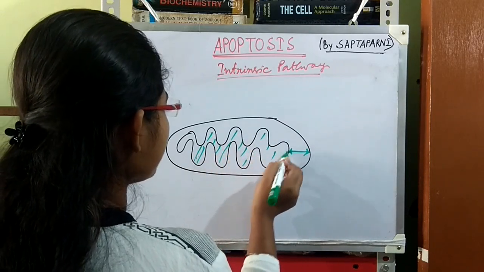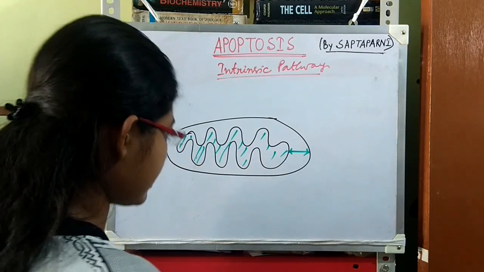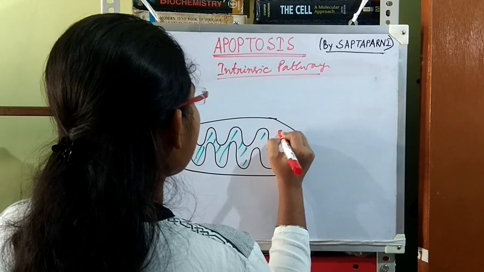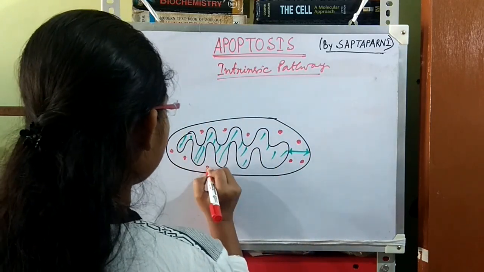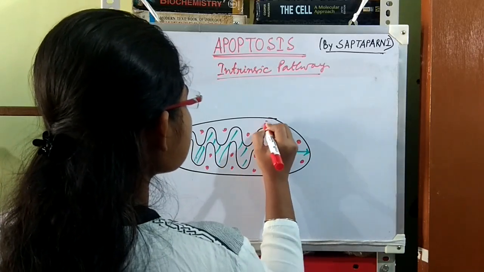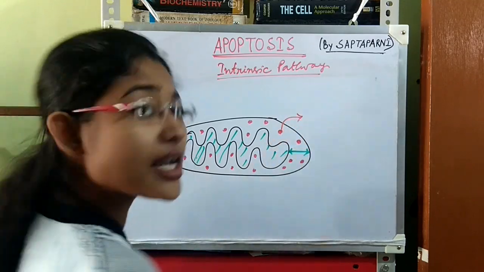So in this intermembranous space, we know that cytochrome C is present. Now, when apoptotic signal comes, this cytochrome C is excreted out or transferred to the cytosol.